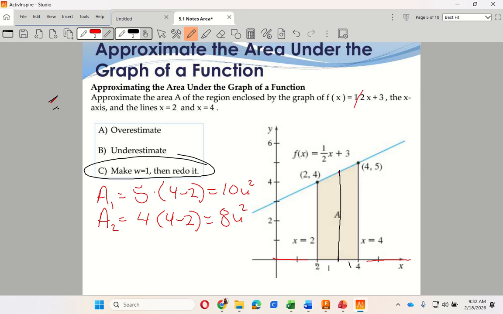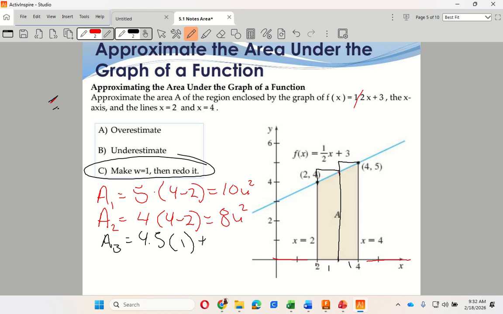Redo it again. Overestimation. So I'm going to make a rectangle like this, and I'm going to make a rectangle like this. What is this point right here in the middle? 4.5. Times my width, which is 1, right?